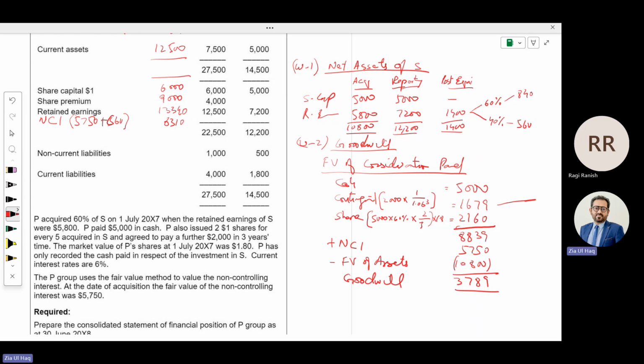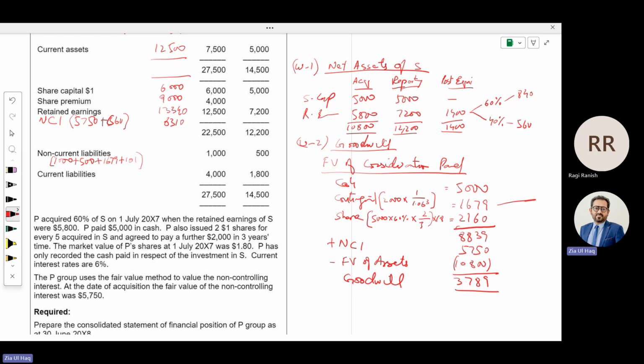So non-current liability, we will calculate: 1,000 plus 500 plus 1,679, plus 6% of 1,679. What is that? 101. That will be added relating to unwinding.